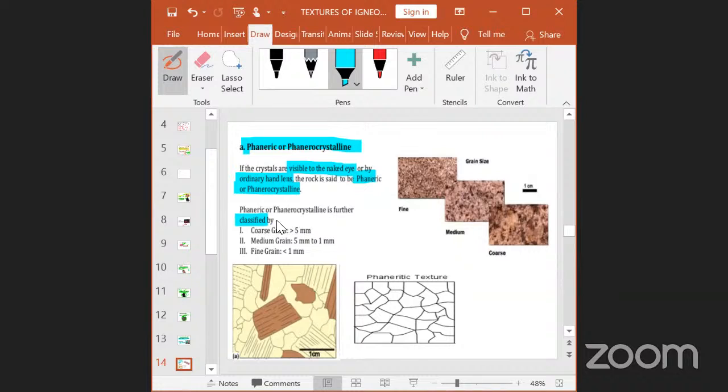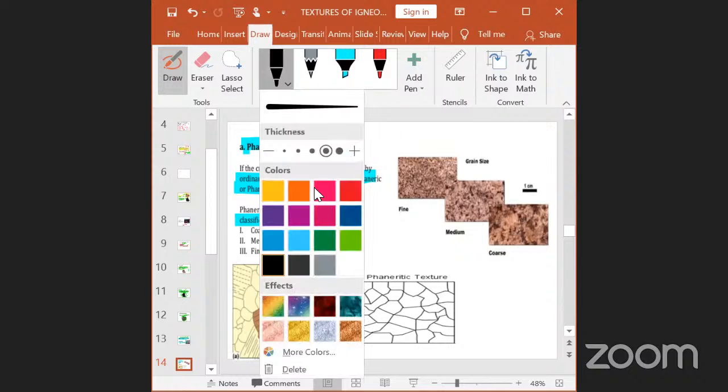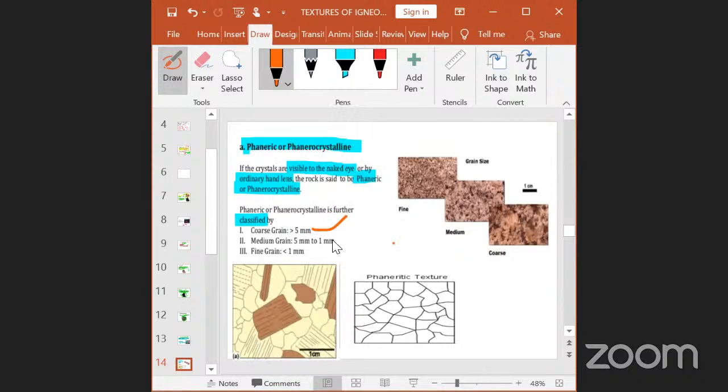Phaneritic crystallization is classified as, first one, coarse grain, second one, medium grain, and third one, fine grain. These are very important things you remember here, right?